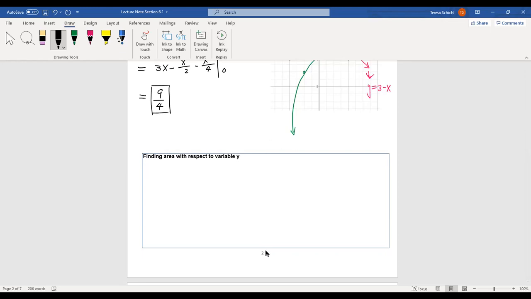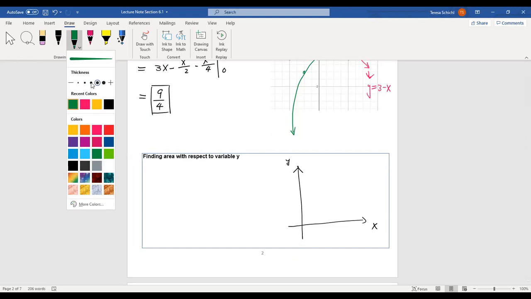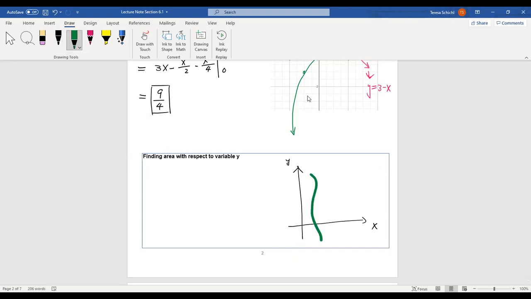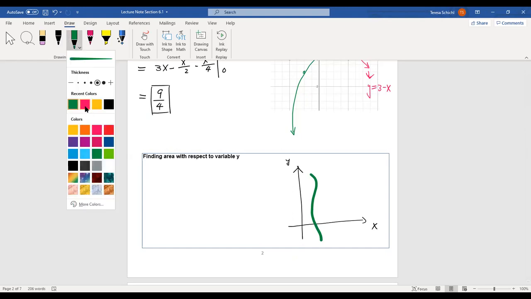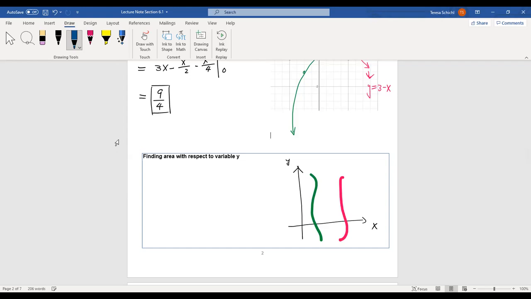Let me draw the picture for you, and then maybe you will get a better understanding here. So this is x and y. My function is going like this. I have a first function here, and then I have a second function here.